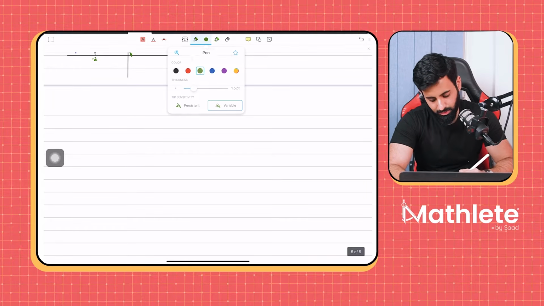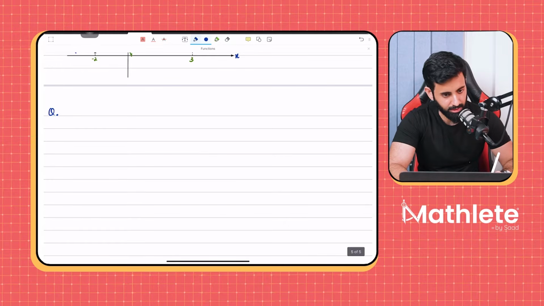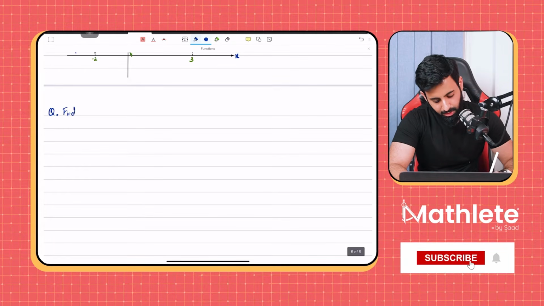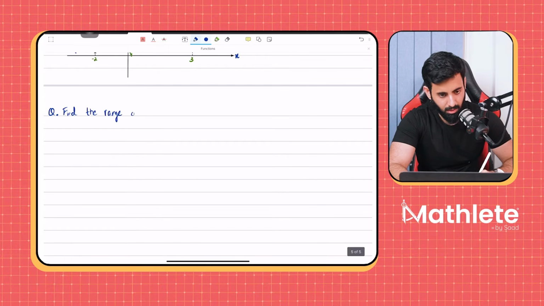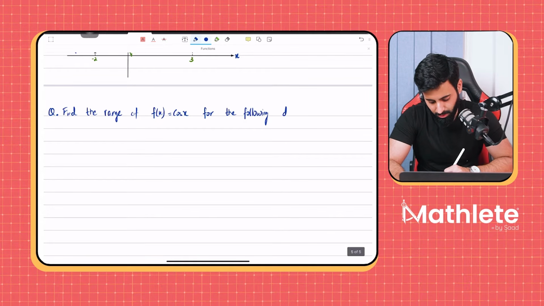Let's take the graph of sine x. Okay, now that we have done trigonometry, we can use trigonometric graphs as an example. Find the range of, in fact, let's use cos x. Yeah, cos x is better. F of x equals cos x, okay, for the following domains.